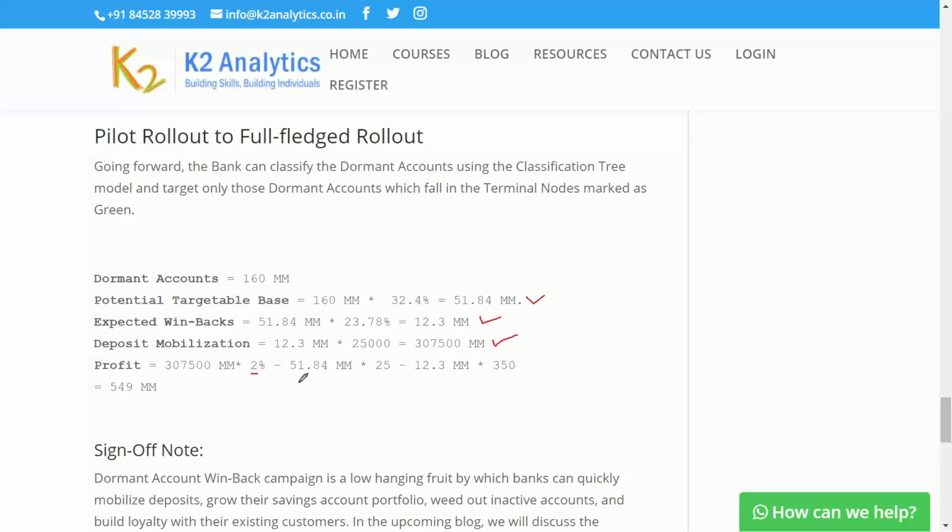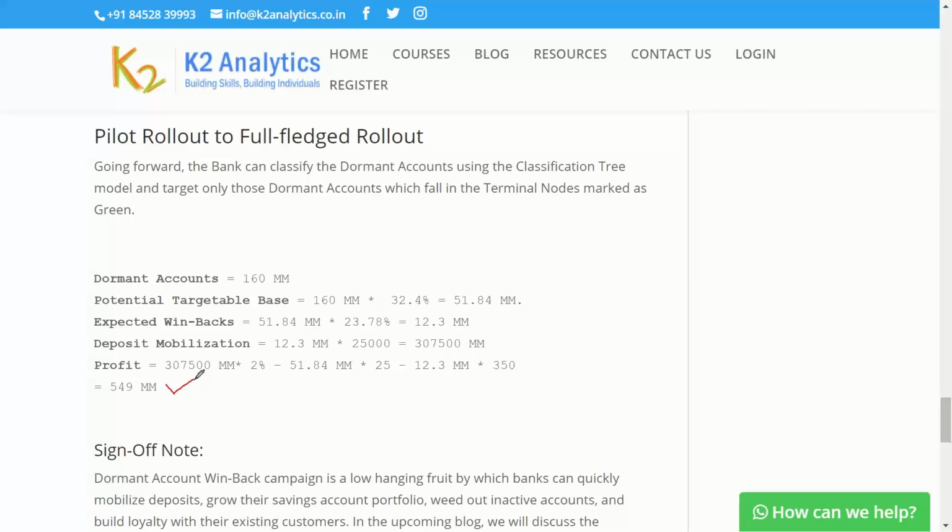But to get this revenue, I have to run a campaign on this 51.84 million base at a cost of 25 rupees, and from this 51 million base, I'll have 12.3 million conversions and a cost of fulfillment of 350. So I have to subtract these costs also. If I subtract that, the bank can make a profit of 549 million, that is roughly 55 crore, 54.9 crores.